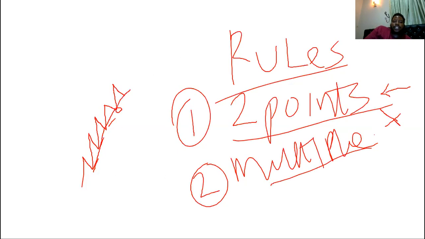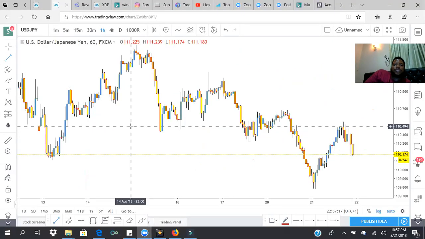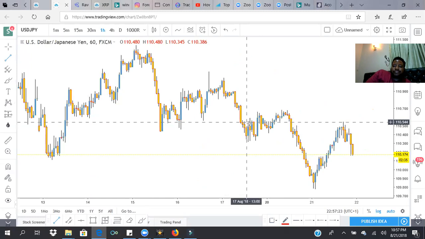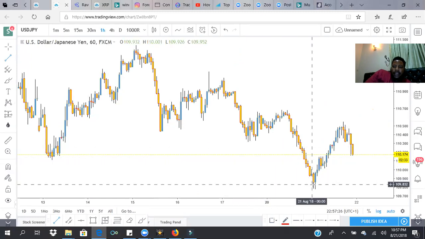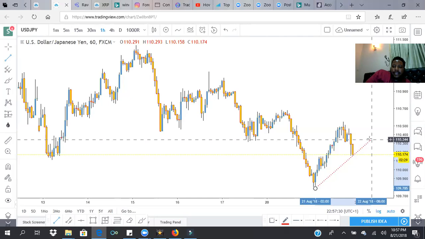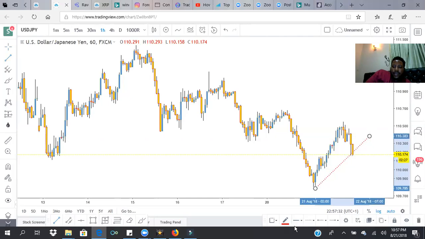So if we go back to our chart now, let's try to get a trend line. I can actually draw my trend line at any point, okay? Now I can obviously see more like an uptrend forming at this point. So I can see these 2 points, okay?